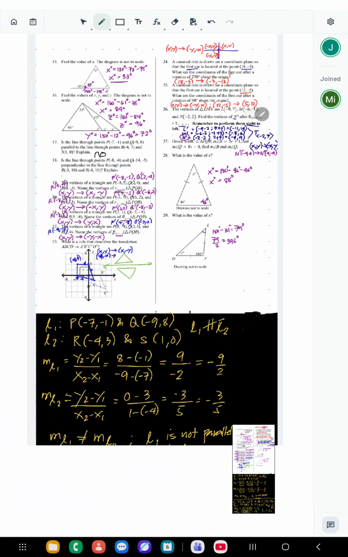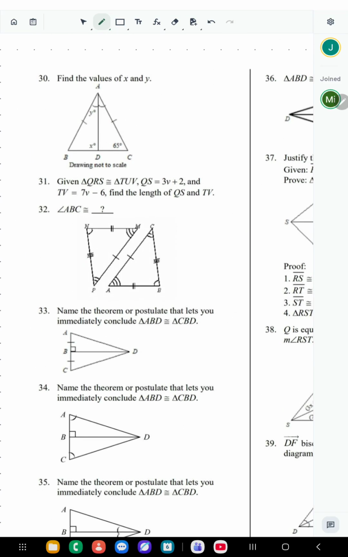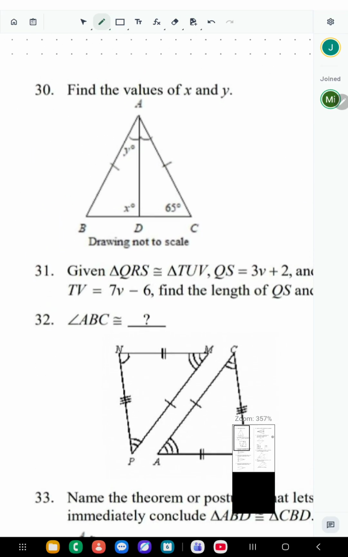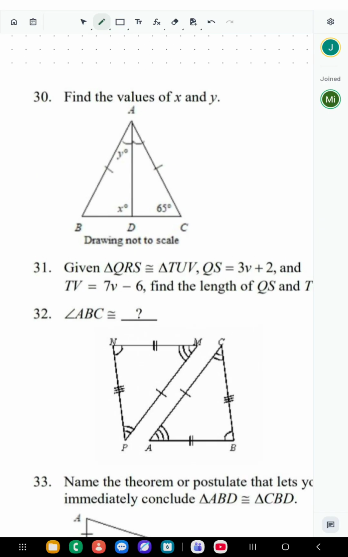Let's move on to the next page. You can choose another page. Find the values of x and y. They share a common side, so that means this is 65, right? And then it says this one is congruent to this, so this is also y degrees.